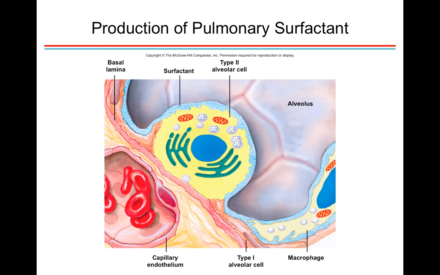And that's really critical because during expiration, it gets really concentrated and tight in the alveolus, and if we want them to expand, we need to make sure there's not a high surface tension. That would be providing resistance to expansion. We need a very easy expansion to be happening in our alveoli.